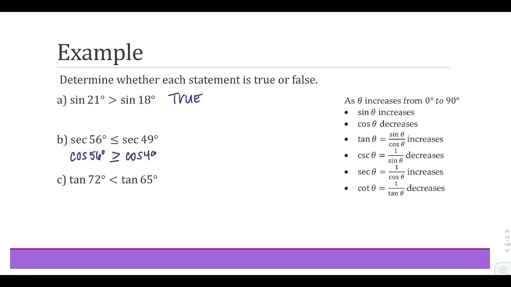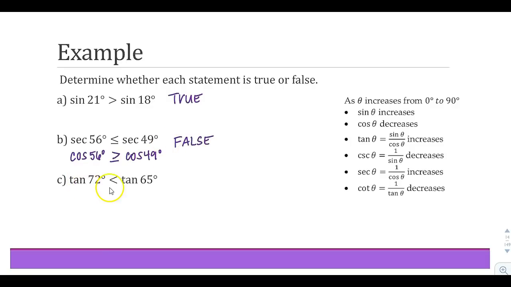Is cosine of 56 degrees greater than or equal to cosine of 49 degrees? And the answer there is false. As we plug bigger angles into cosine, cosine actually starts getting smaller. Those x values start to shrink. So this statement is false.